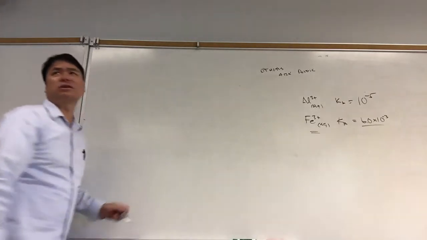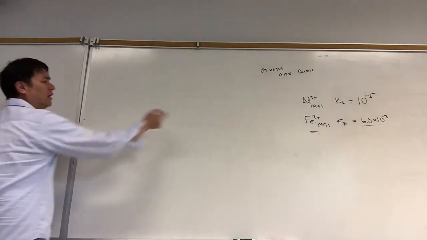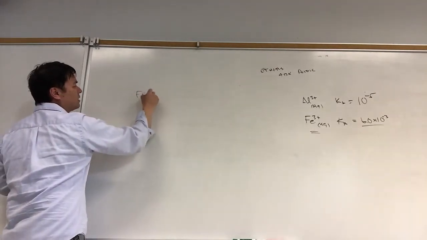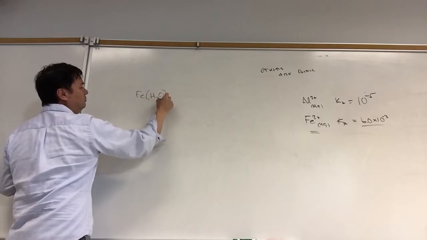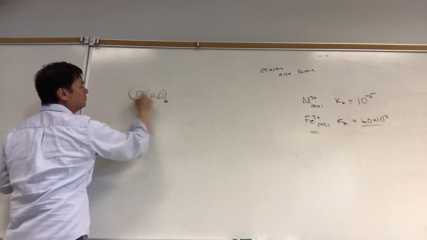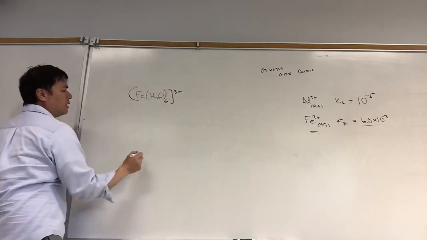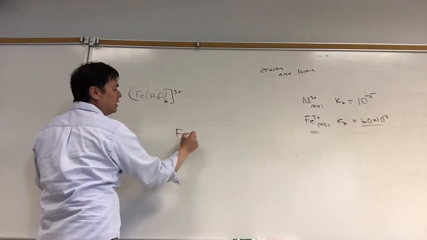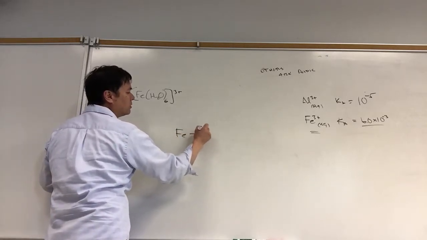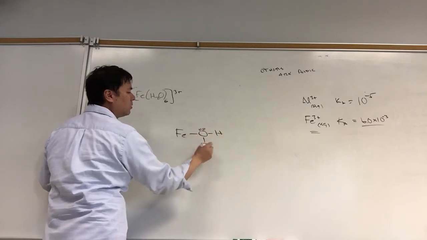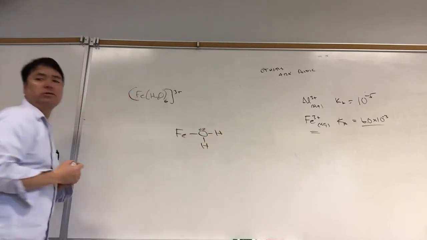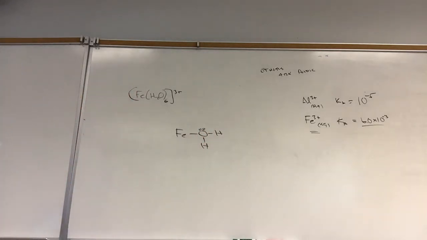If we look at the structure of something like this, it's actually a hexaaqua complex, 3+. What happens is it makes the hydrogen on water considerably more acidic due to the inductive effect, or whatever you want to call it.